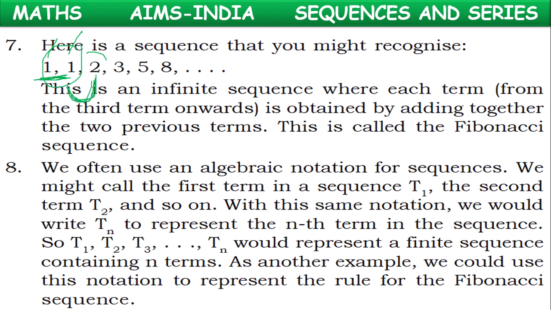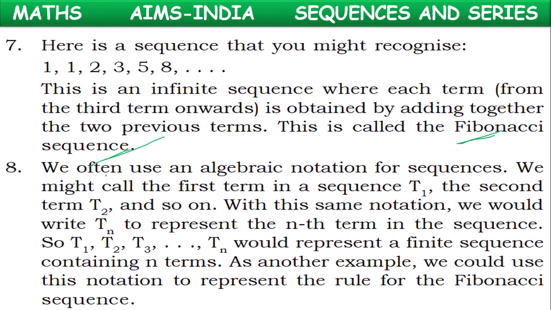We cannot establish a relation for the first two terms, but the third term is obtained by adding the previous two terms. The fourth term is obtained by adding the previous two terms. Like that, we can establish the relation from the third term. So it is a special kind of sequence called the Fibonacci sequence. We will study this in later parts. Here we have just introduced the Fibonacci sequence.